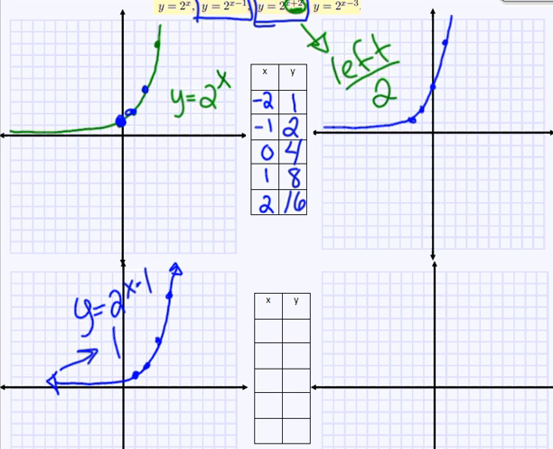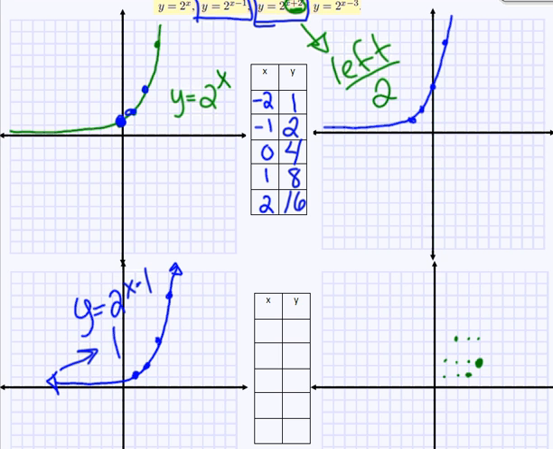Y equals 2 to the x minus 3. Of course, we expect that to move right 3. So again, we're moving each of these points. Normally we have 0, 1. We're going to move that right 1, 2, 3. We normally have 1, 2, which we're going to move right 1, 2, 3 here. We normally have 2, 4 here.